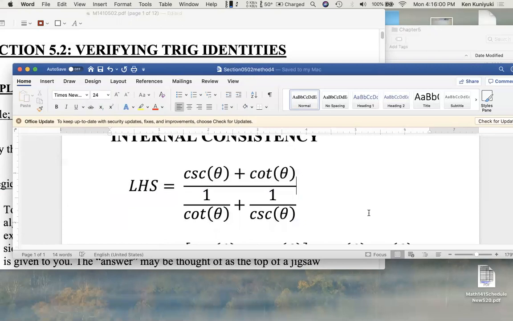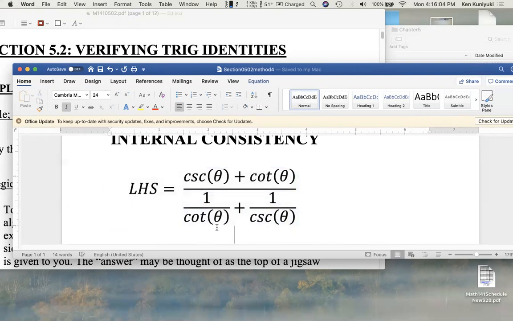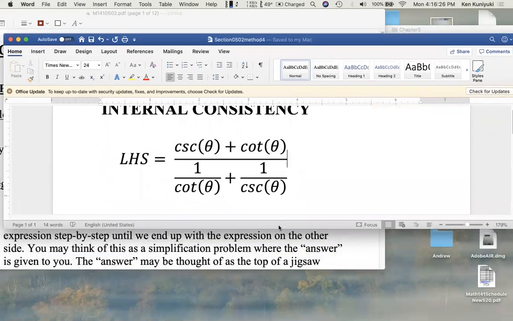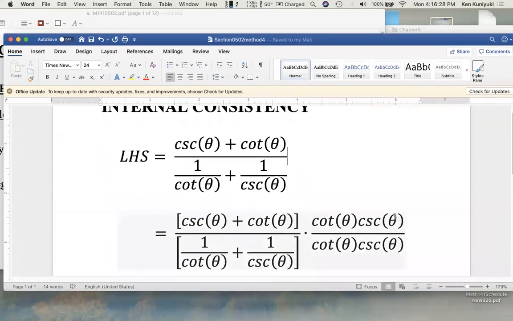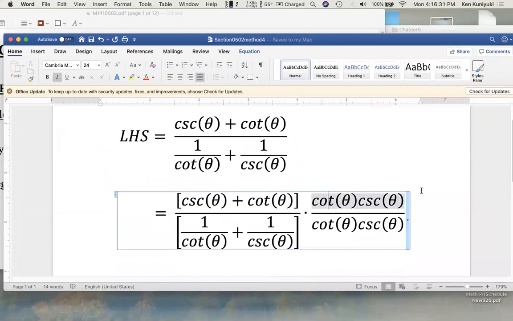In my document here, I try a different strategy. I take the overall LCD, which is the product, really the LCM, the least common multiple, of these little denominators over here, cotangent of theta and cosecant of theta. They don't really have anything good in common. They don't have much in common besides plus or minus 1. So I'll take their product as the overall LCD. And I'm going to multiply the top and the bottom by this overall LCD, the product of these two little denominators.